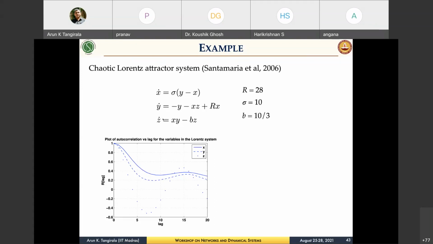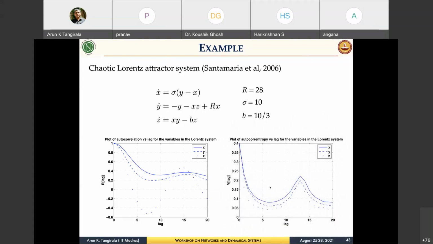Assume x, y, and z are measurable. Then you compute the autocorrelation. You can see that perhaps x and y are in sync, but not z. But we know they are coupled, right? Whereas the autocorrentropy shows this coupling very nicely. You can see that the autocorrentropy of all x, y, and z vary in the same way, instantly telling you, very straight away telling you, that they are coupled.